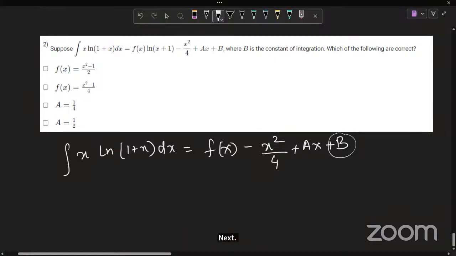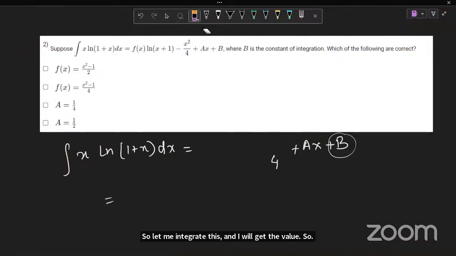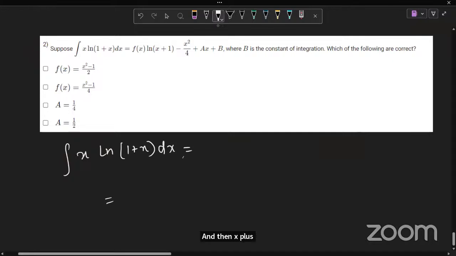So to integrate by parts, first of all, this is our f(x), right? Let me integrate this and I will get the value. I wrote it wrong. We differentiate ln(1 plus x), and integrate x dx.